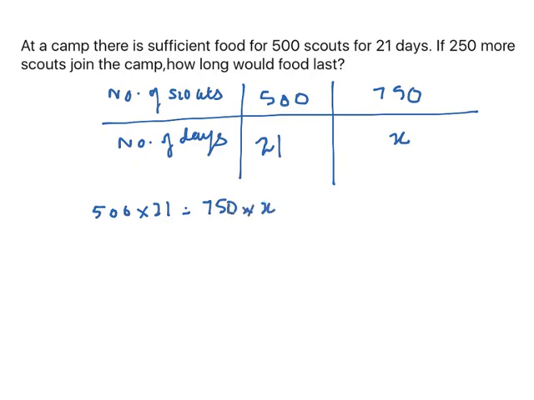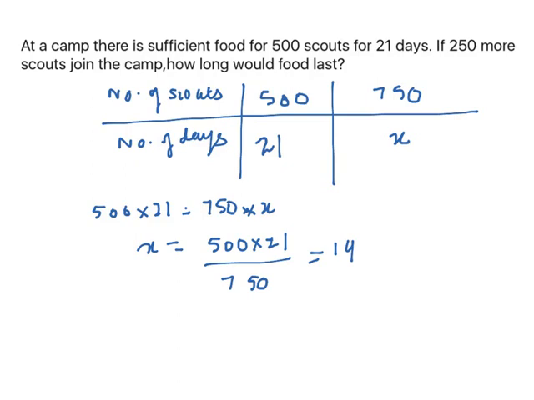Here I am showing just the calculation part, or if you want you can write in a sentence why this is a case of indirect variation. x will be equal to 500 times 21 divided by 750. When we solve it, we will get 14. That means if we are adding 250 more scouts in the camp, the food will be finished in 14 days.